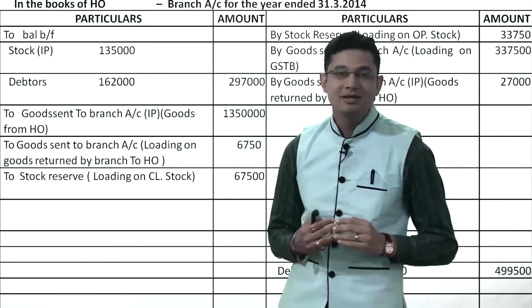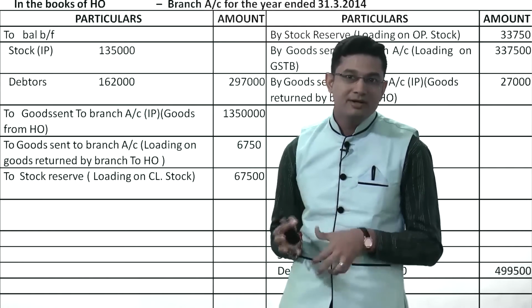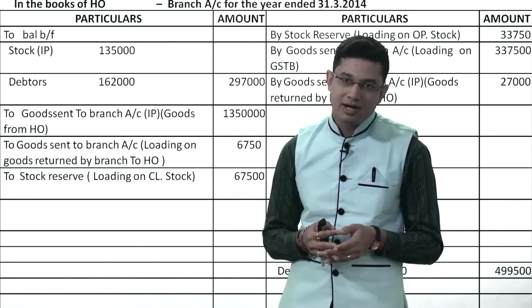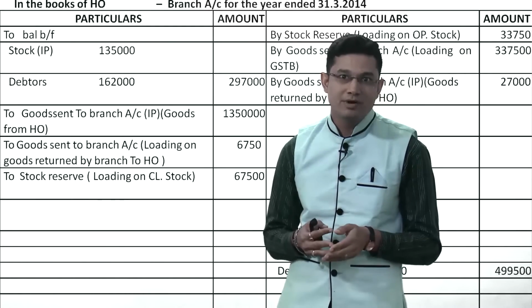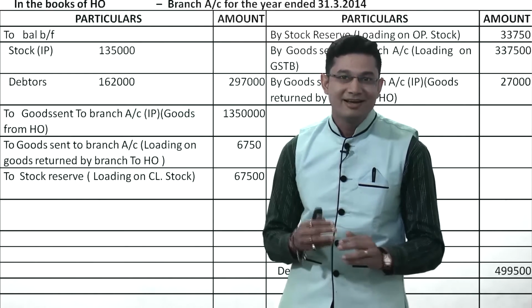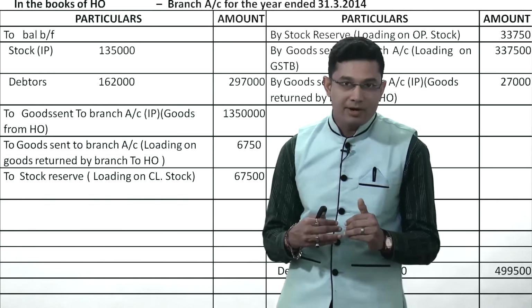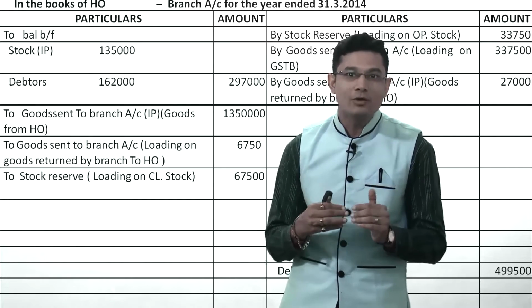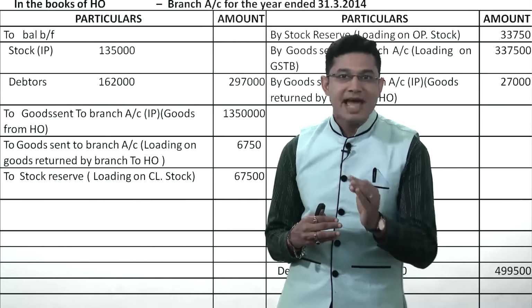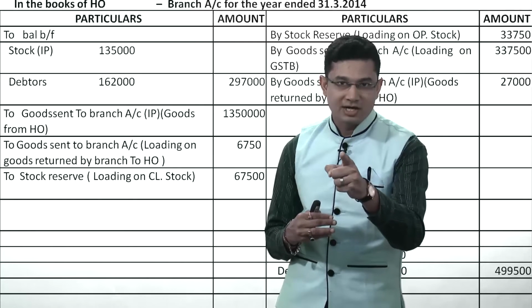Sir, why will the loading regarding goods sent to branch and loading regarding goods returned by branch be transferred to goods sent to branch? Very simple reason. Ultimately we have to calculate net cost of goods sent to branch by way of goods sent to branch account.